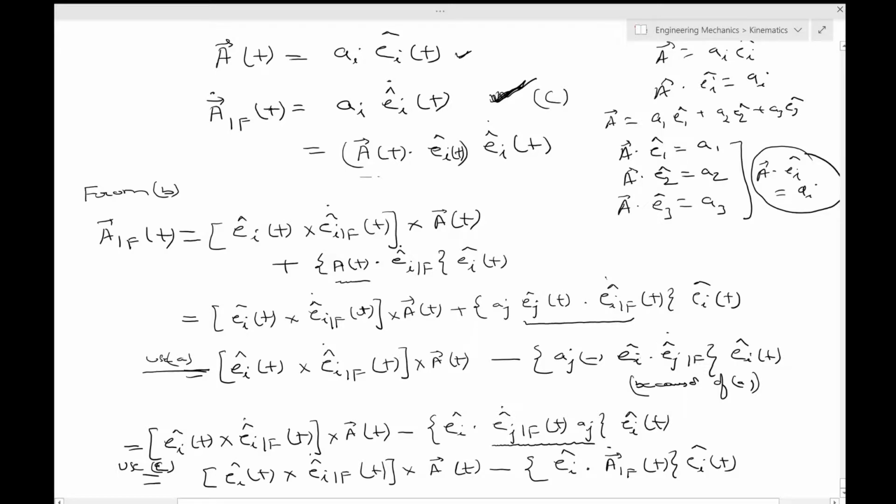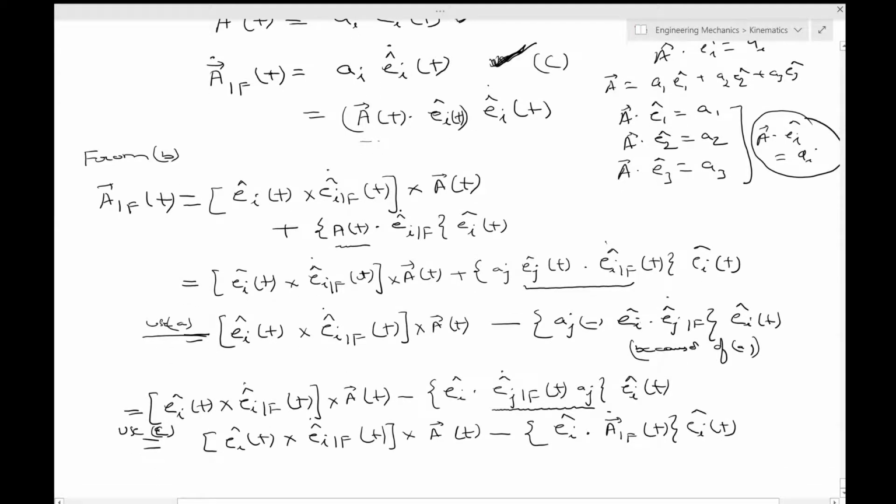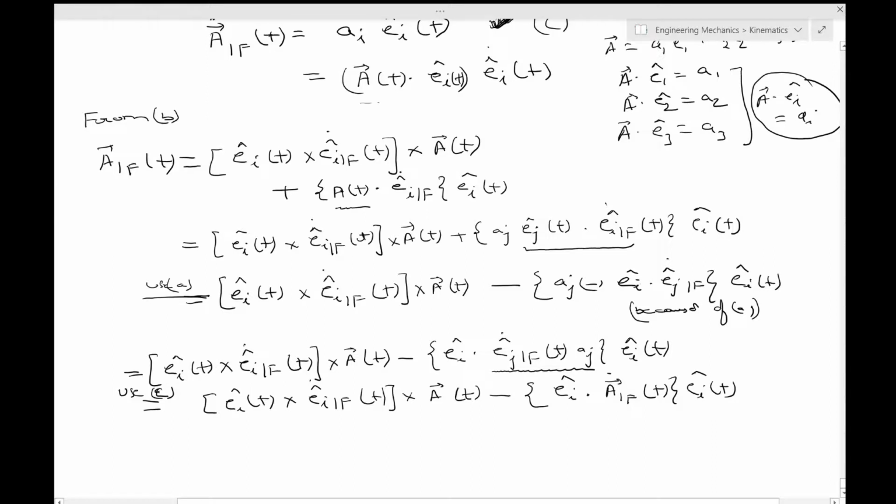Okay, and if you remember, I'm sorry, this was a dot over here. So this was actually equal to A dot f with respect to time. Now I want to write this as equal to A dot f.